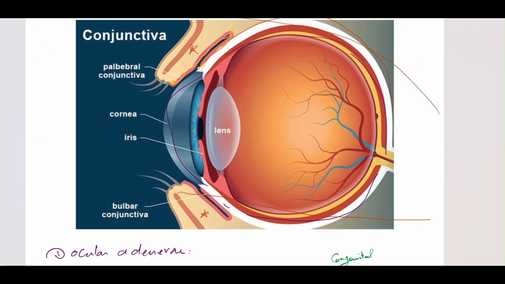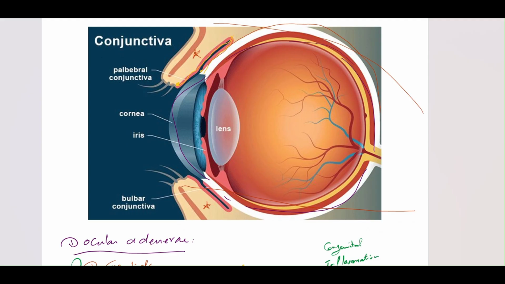So the eyeball is this ball, consisting mainly of 3 layers or 3 coats. The outer coat, middle coat, and innermost coat.